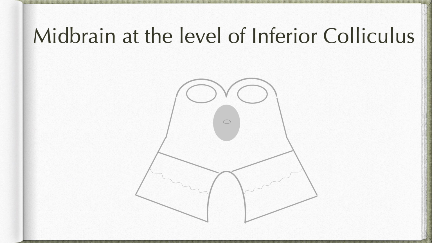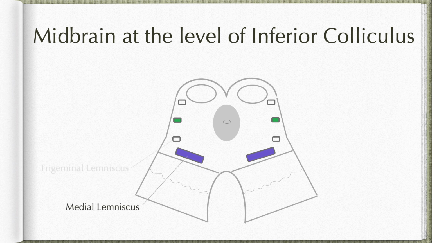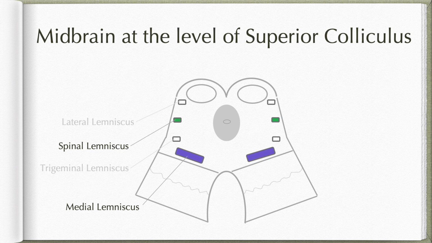In case of midbrain at the level of inferior colliculi, the same four lemnisci are found, but their arrangement is not from medial to lateral. Instead, they are arranged ventrolaterally. When you go further higher up at the level of superior colliculus, the midbrain shows one major change, that is the lateral lemnisci will not be present here, because those fibers in the lateral lemniscus will have relayed in the inferior colliculus.